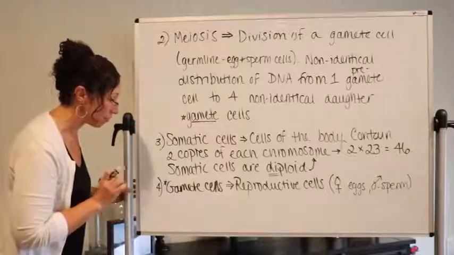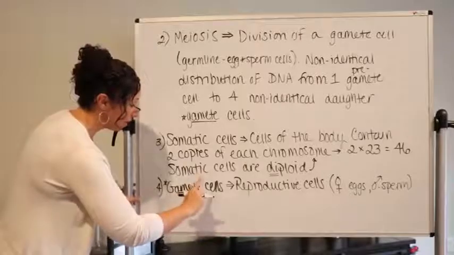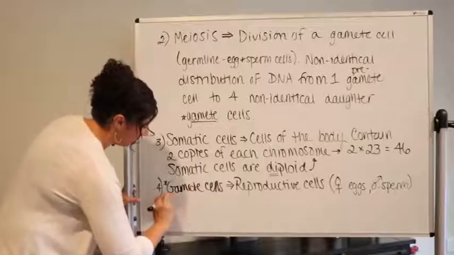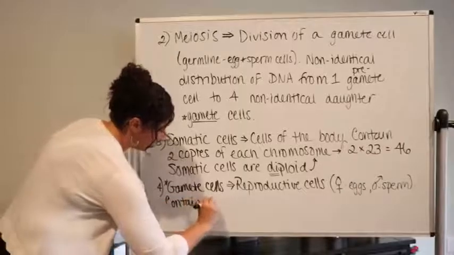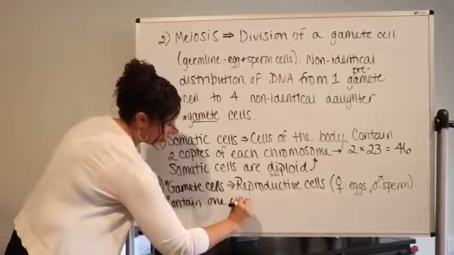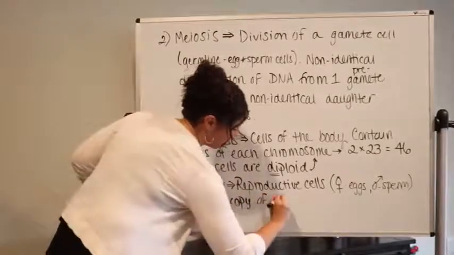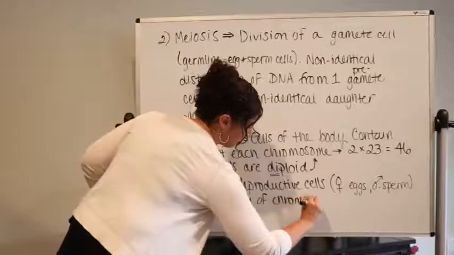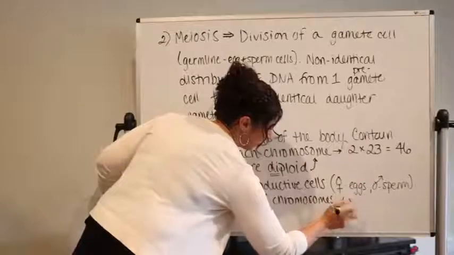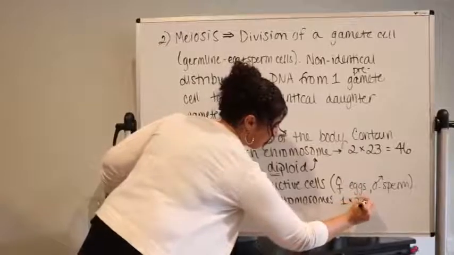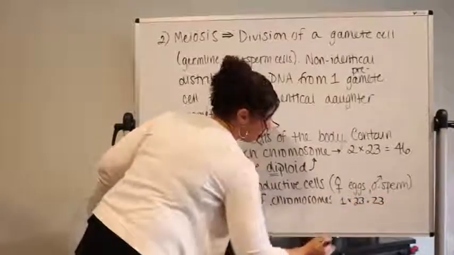But for the definition here, gamete cells contain 1 copy of chromosomes. So it's 1 times 23, for a total of 23 chromosomes.